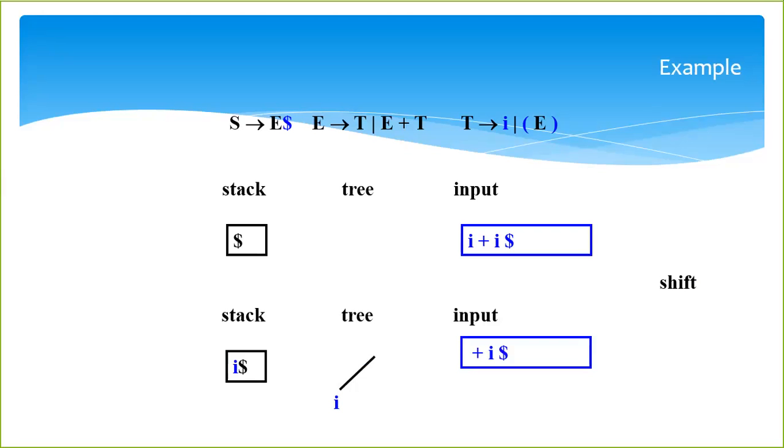Fine. So the first input symbol we have already shifted from the input. We are having I plus I. So now in input you have only plus I because I is already shifted to the stack, and similarly we have started constructing the corresponding tree also. So which operation have we performed? We have performed one operation that is basically called a shift operation.